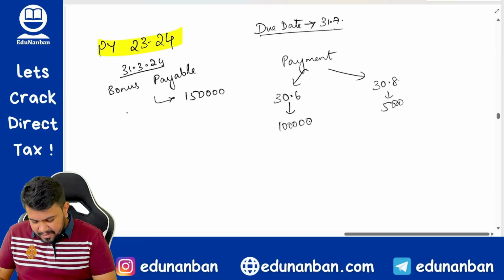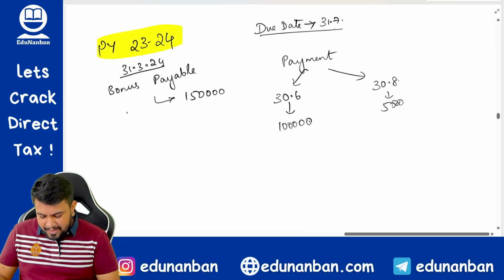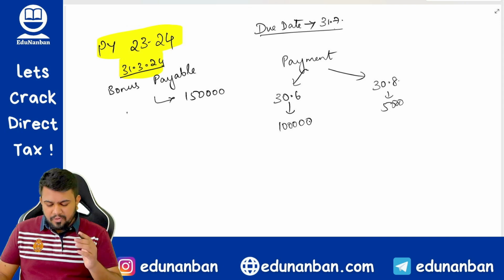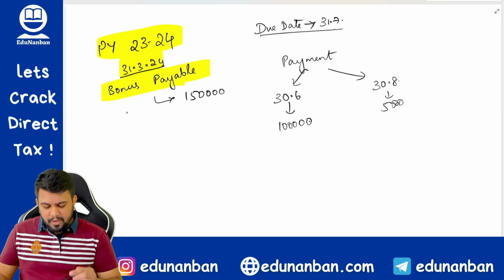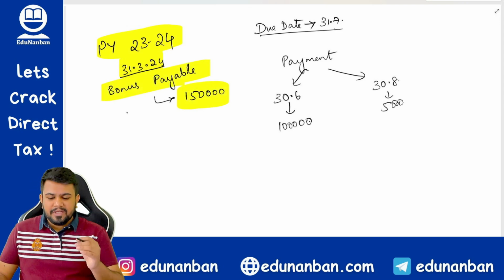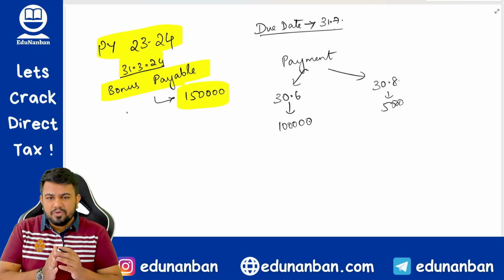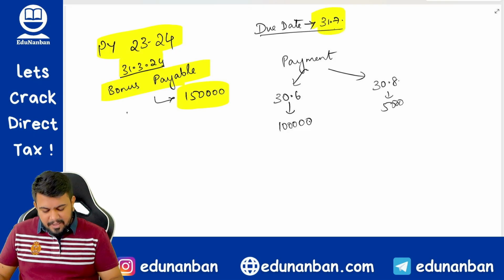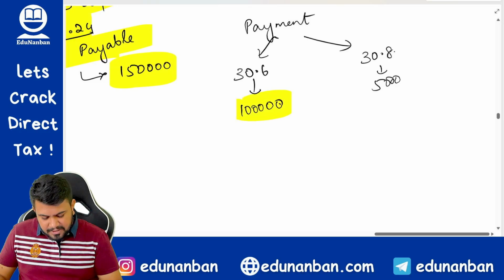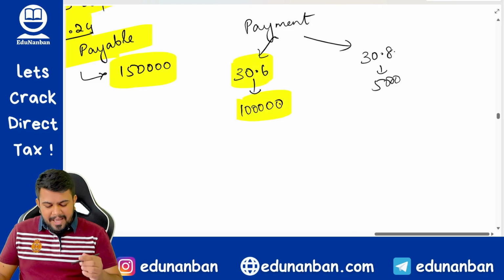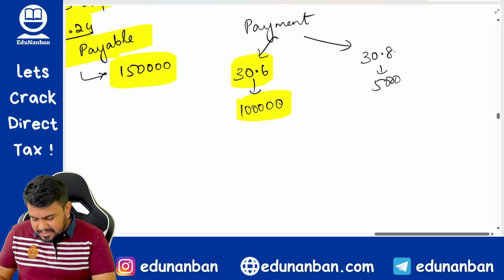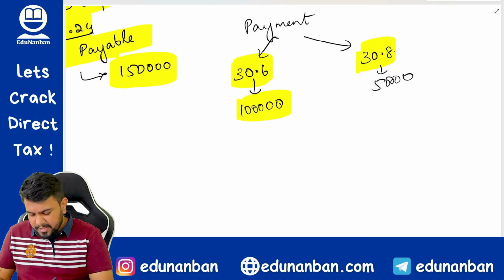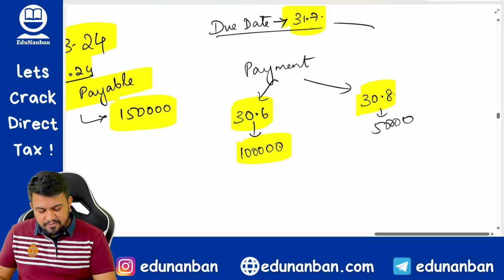Let's say in previous year 23-24, as on 31st of March 2024, the bonus payable to the employee was 1,50,000. Let us assume the due date for this assessee is 31st of July. The payment of 1 lakh rupees was made on 30th June and the payment of the balance 50,000 rupees was made on 30th of August. When is the due date? 31st of July.